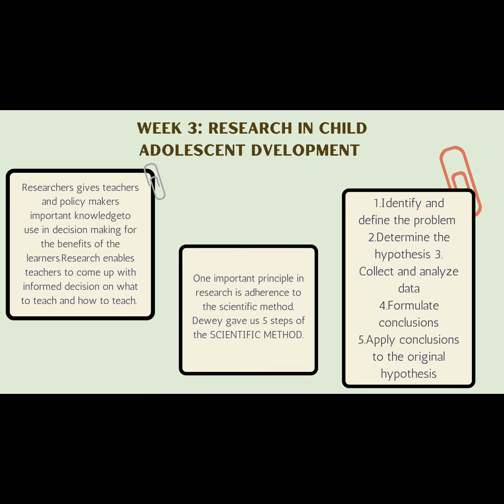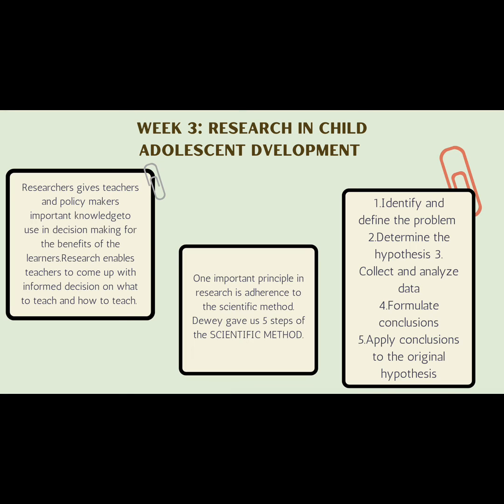Dewey gave us 5 steps of the scientific method. So these are the steps that researchers basically follow. First, identify and define the problem. Second, determine the hypothesis. Third, collect and analyze data. Fourth, formulate conclusions.